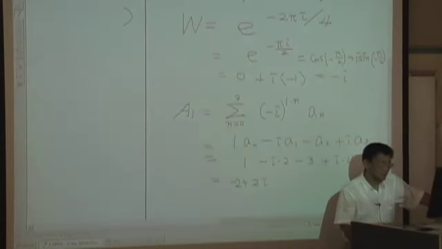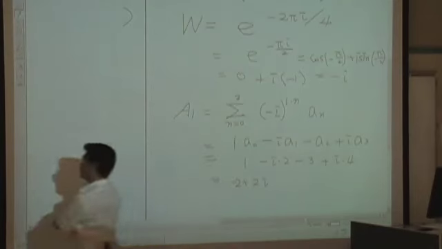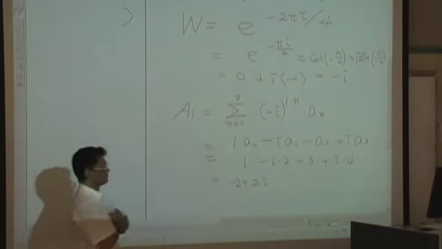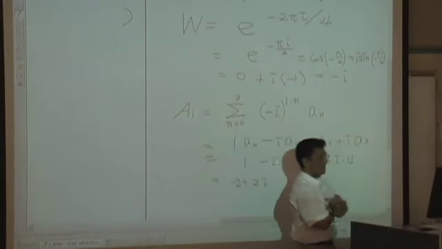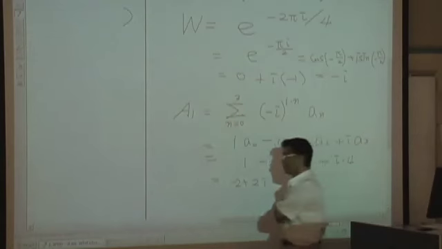Negative 2 coming from this, and then 2i coming from this. Please calculate capital A2 and A3 and let me know.